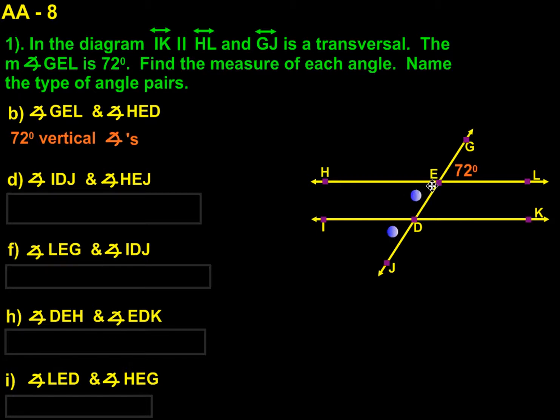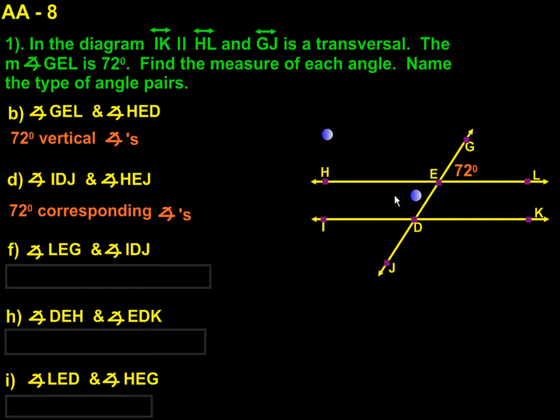And we know because these lines are parallel and this line is maintaining the same angle, whatever the amount is for this, the same value is going to be for this. And since we know from before that this is 72 degrees, this also has to be 72 degrees. So it's 72 degrees, and they are corresponding angles, both on the same side of the transversal.